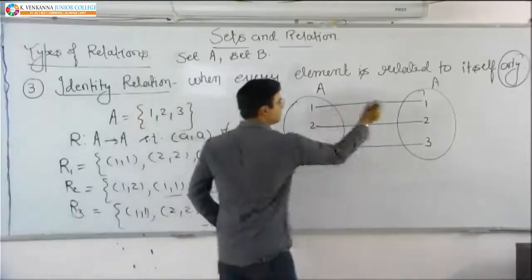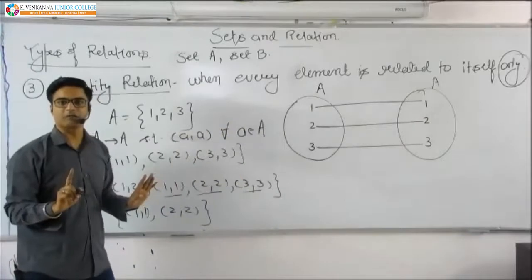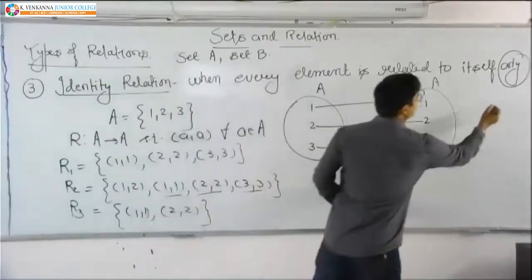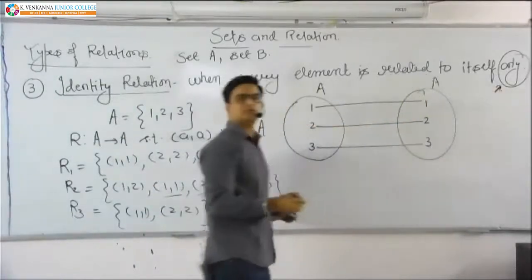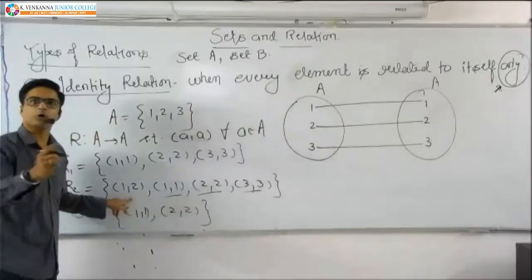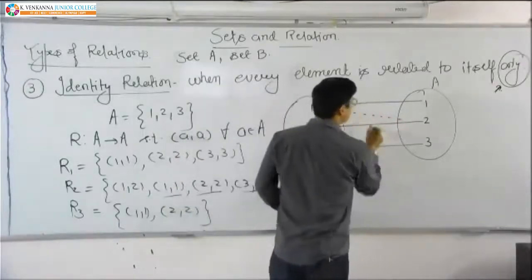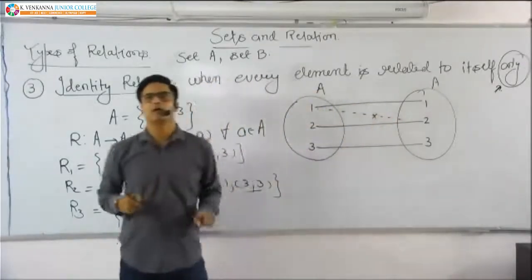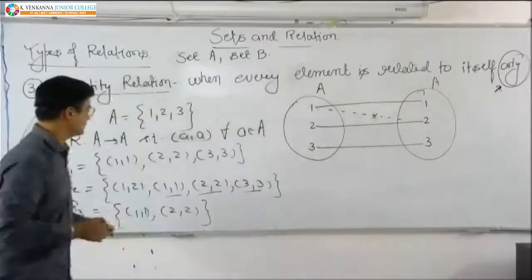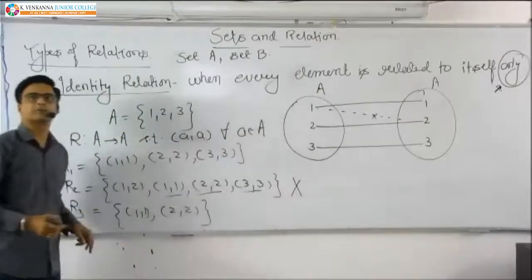But this "only" word is not satisfied because 1 is related to 2 also, which is not permissible in identity relation. So R2 is not an identity relation.